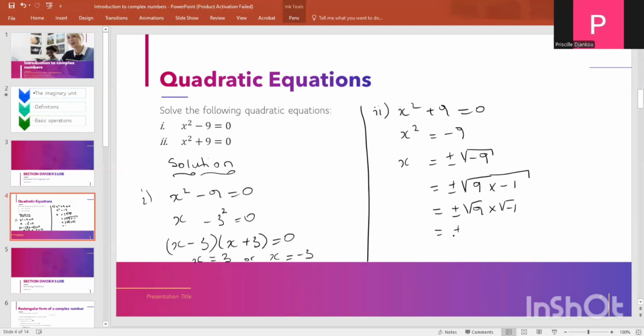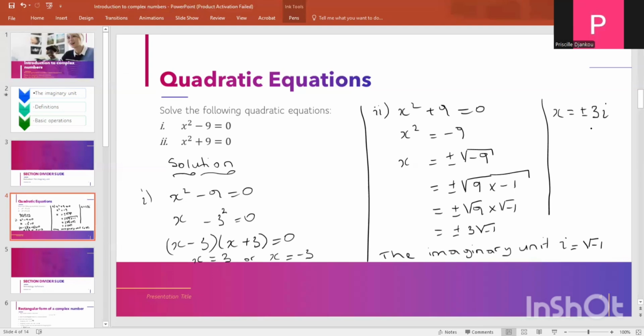This gives plus and minus 3 times the square root of minus 1. This leads us to what we call the imaginary unit, which is given by i equals the square root of minus 1. Therefore, the solution to the equation is x equals plus and minus 3i.